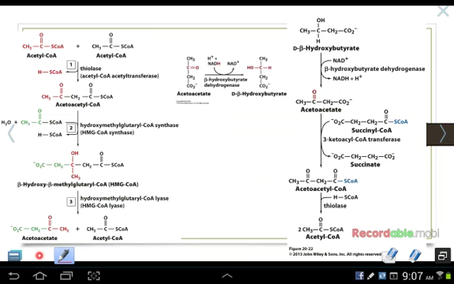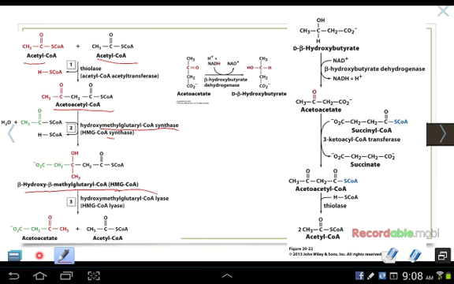So two acetyl-CoA groups come together using a thiolase to make acetoacetyl-CoA. The hydroxymethylglutaryl-CoA synthase, or HMG-CoA synthase, then produces the beta-hydroxy beta-methylglutaryl-CoA, or HMG-CoA.